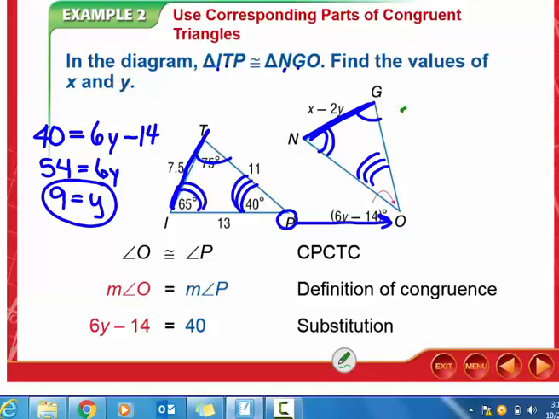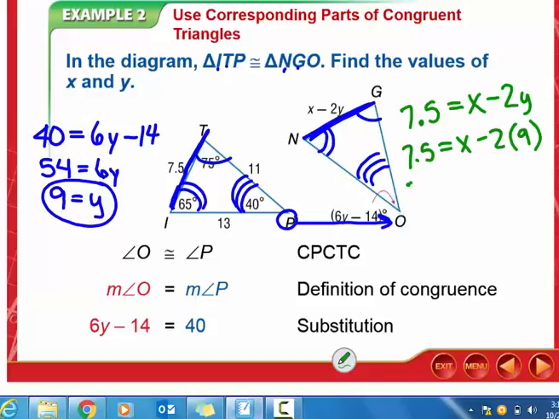That means that 7.5 must equal x minus 2y. But I just discovered that y equals 9. So 7.5 equals x minus 18. I add 18 to both sides, and I find out that 25.5 equals x.